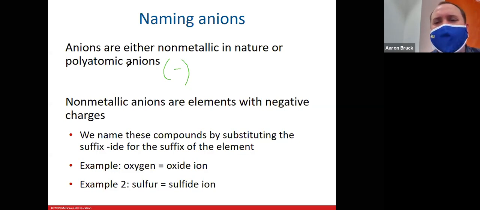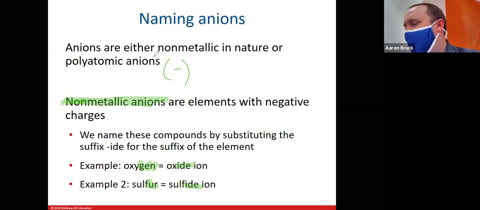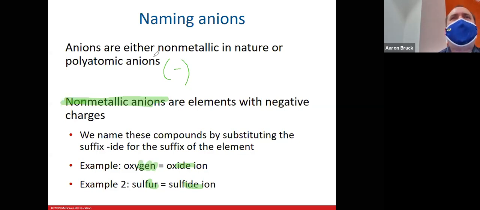So we pointed this out in a previous lecture. It's worth repeating. If they are non-metallic anions, so the ones that are not polyatomic, all that we do is we fix their endings by changing them to IDE endings. And that IDE ending is a very telltale sign, because if you see an IDE ending like that, it should immediately spring into your head, oh, this is monatomic.